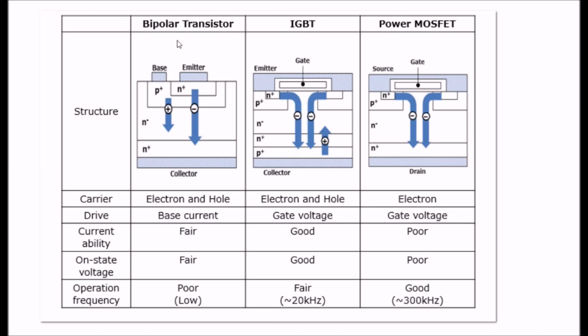Let's note something here. Transistors have what is called electron and hole flow. IGBTs have electron and hole flow. MOSFETs exclusively are electron flow. All right, I'm sure you're scratching your head like, what has this got to do with anything? I'll show you. For one thing, these are solid devices.